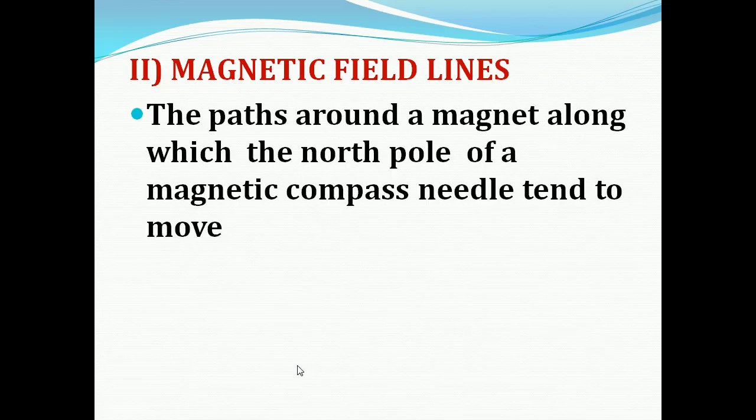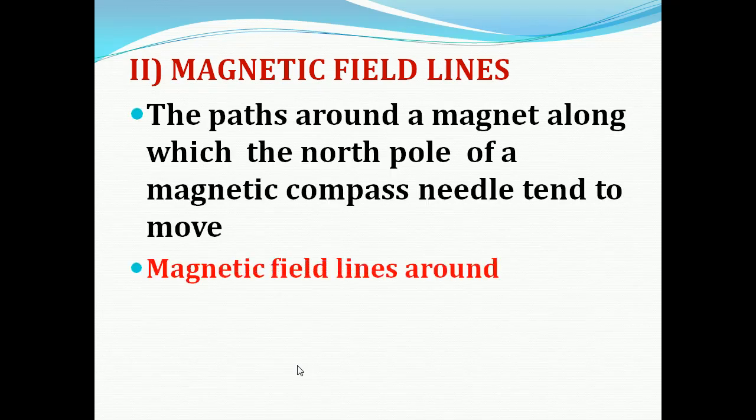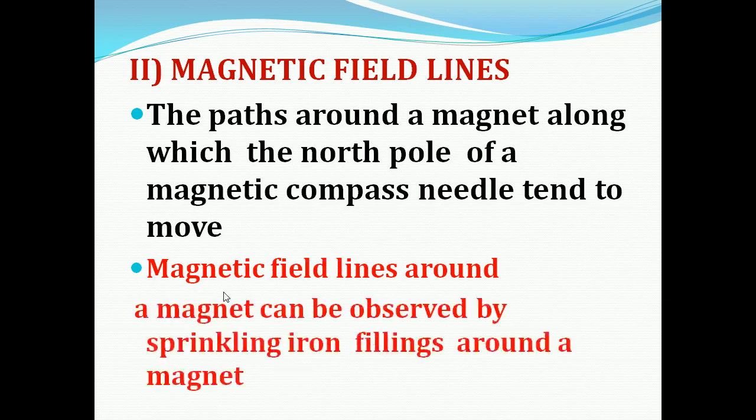What is meant by magnetic field lines? Magnetic field lines are the path around a magnet along which the north pole of a magnetic compass needle tends to move.